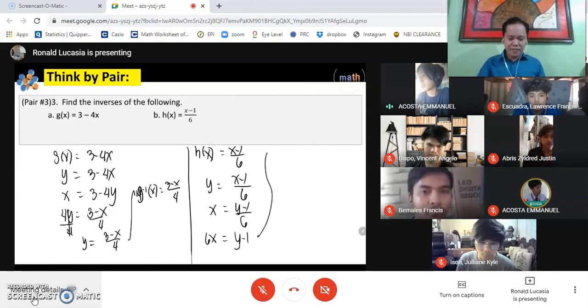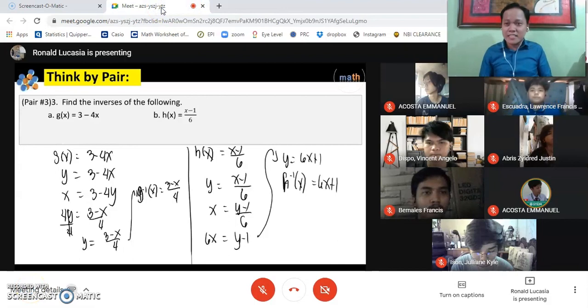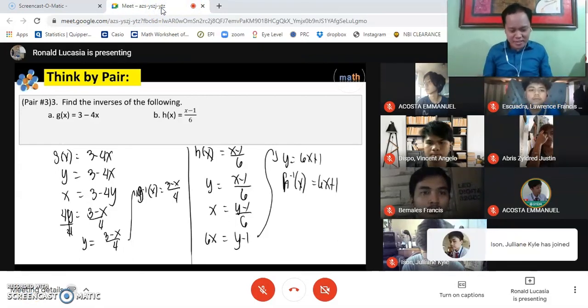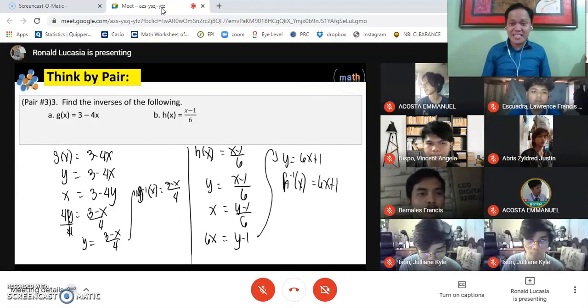Transpose 1 to the other side. y is equal to 6x plus 1. That's very good. Very good, Emma. So the inverse of h of x is equal to 6x plus 1.